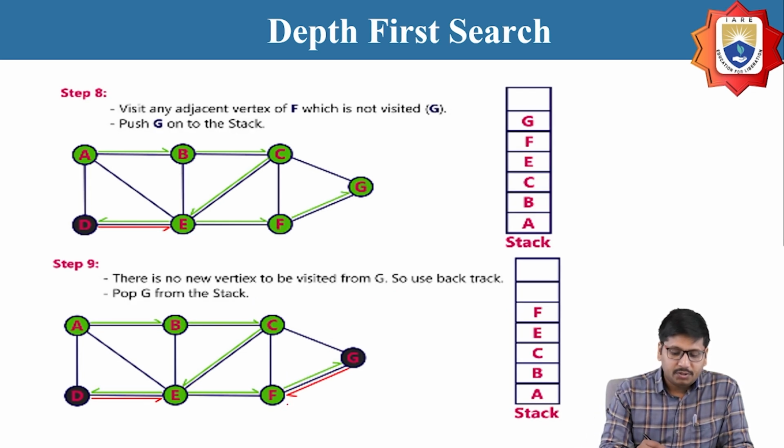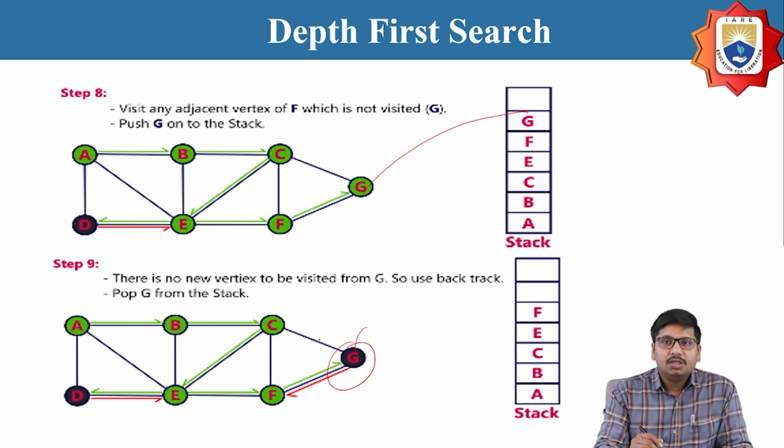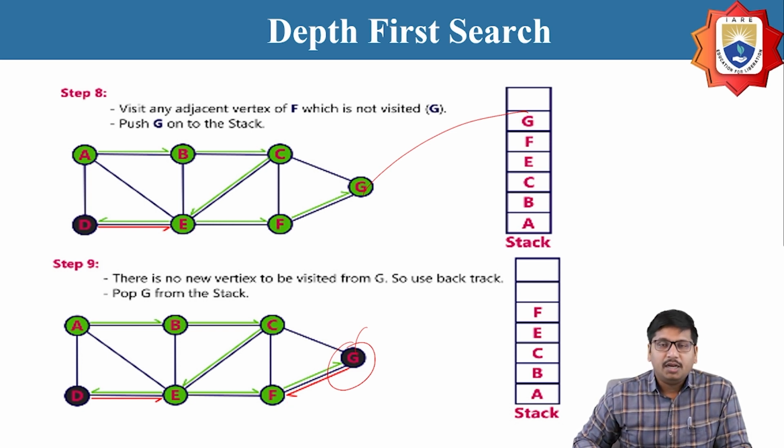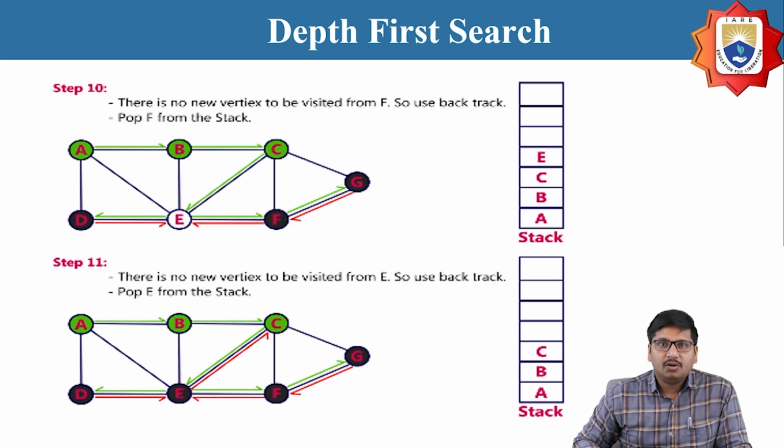For F, the adjacent vertex is G. So G is reached, and G should be pushed onto the stack here. Since G is the dead end, I have to apply backtracking and find whether any non-visited vertex is there or not.